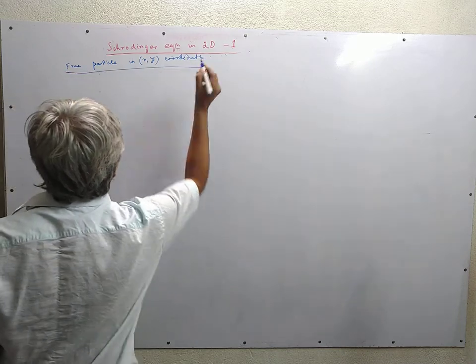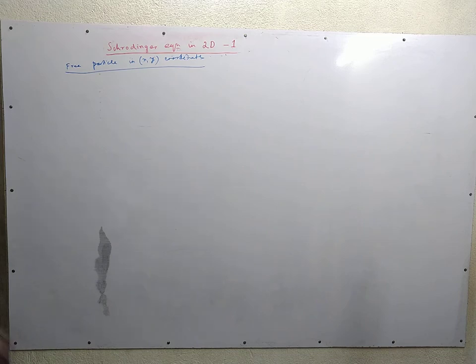When we have solved the free particle in one-dimensional Cartesian system, we found that the energy of the particle has to be essentially positive and there is no energy quantization.